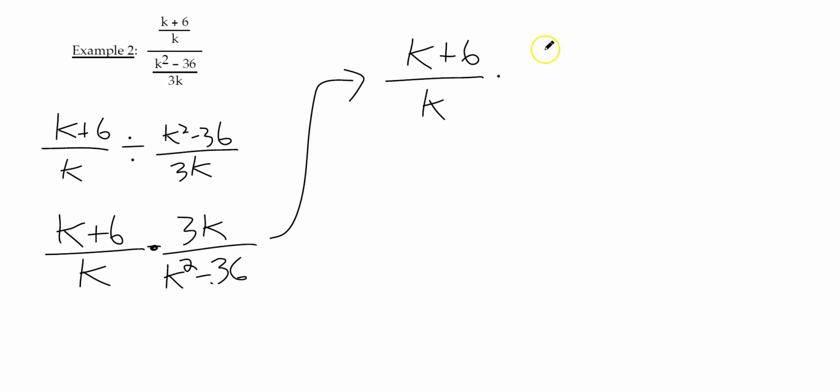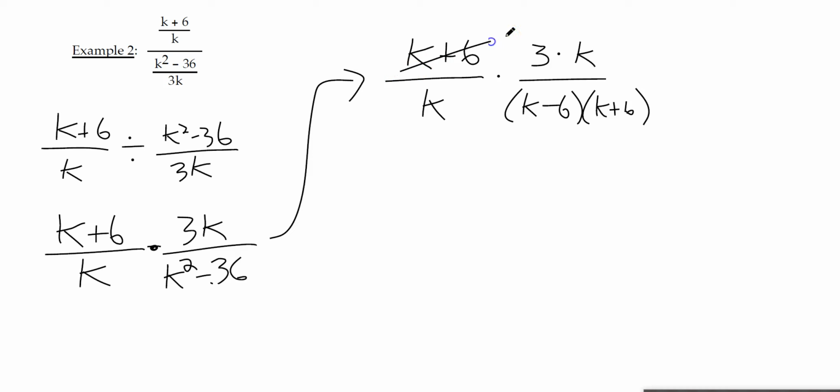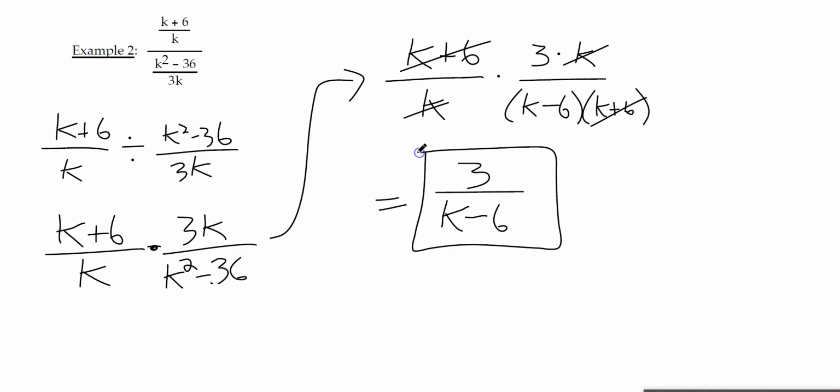This is a difference of squares, so we can pull out a k minus 6, k plus 6. That reduces, leaving our final answer of 3 divided by k minus 6.